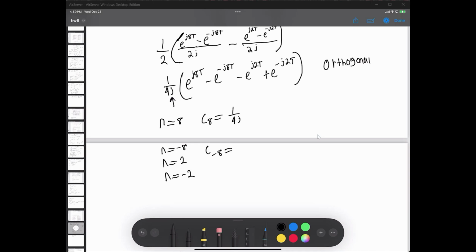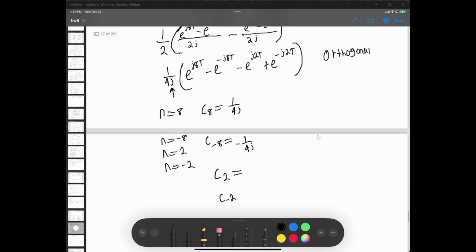That'll be negative 1 over 4j, and we'll have c of 2 and then c of negative 2. Negative, positive. You see how this is oscillating, just like a sine wave? That's a good thing to note.